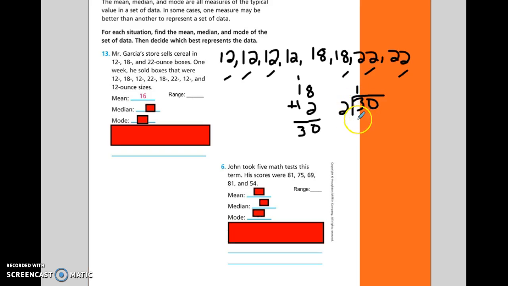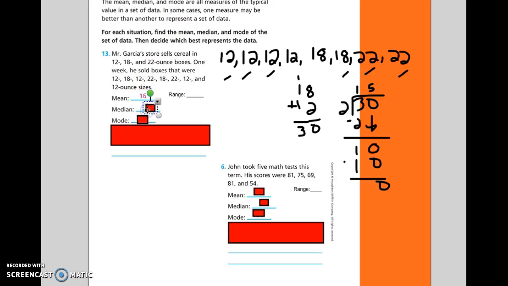And then I'm going to multiply, which is 2. Subtract. 3 minus 2 is 1. And I'll bring down that 0. Gives me a 10, and 2 goes into 10 5 times. I multiply to make sure I don't have any remainder. 2 times 5 is 10, and I subtract and I get 0. So in this case, my median is going to be 15.